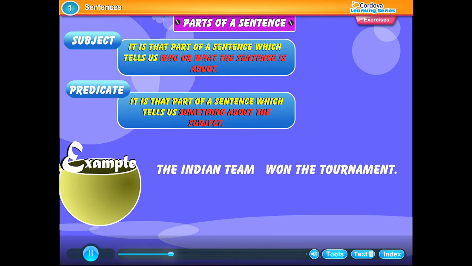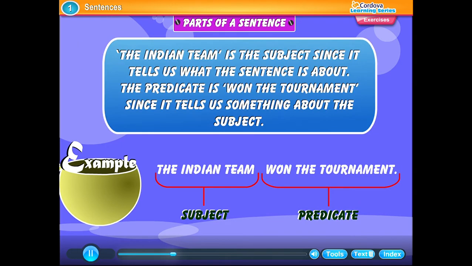Example: the Indian team, subject, won the tournament, predicate. The Indian team is the subject since it tells us what the sentence is about. The predicate is won the tournament since it tells us something about the subject.